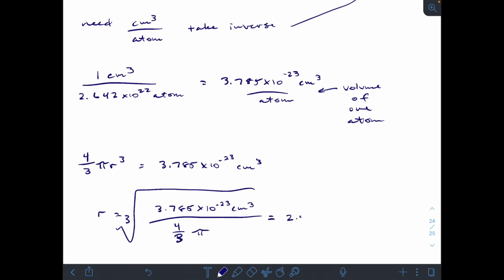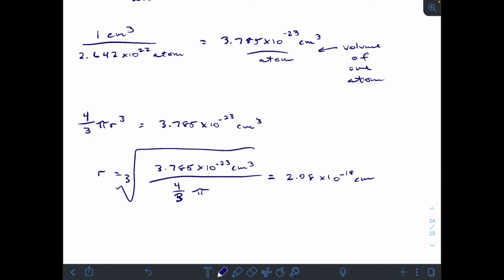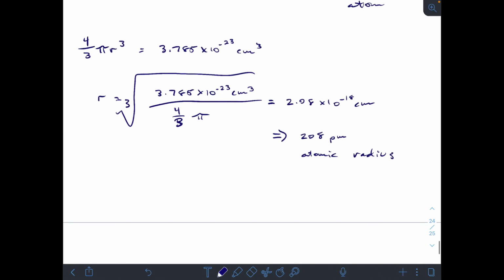So we'll find that our radius is 2.08 times 10 to the minus 8 centimeters, and we convert that to a slightly more usable unit, or 208 picometers. Right, so this is our atomic radius of polonium. So that's one half of our question answered.